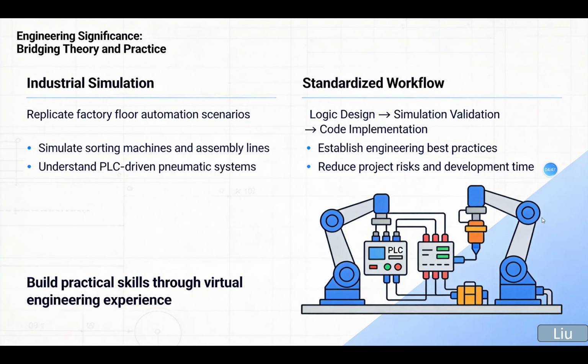Industrial simulation replicates factory flow automation scenarios, simulating a sorting machine and observable flows, understanding PLC-driven pneumatic systems. Standardize the workflow from logic design to simulation validation to code implementation, establish engineering best practice, and reduce project risks and development time.